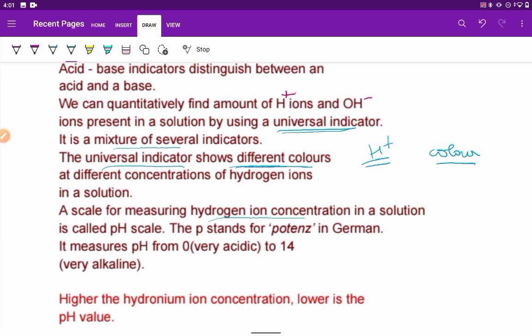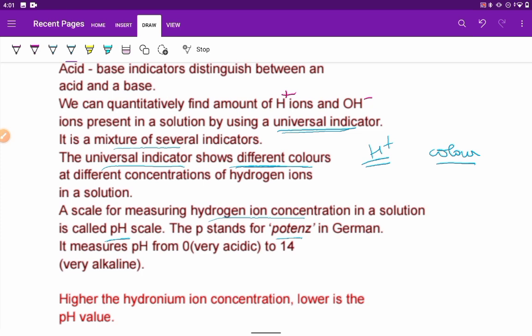It is called the pH scale. In the term pH, P stands for potenz in German.